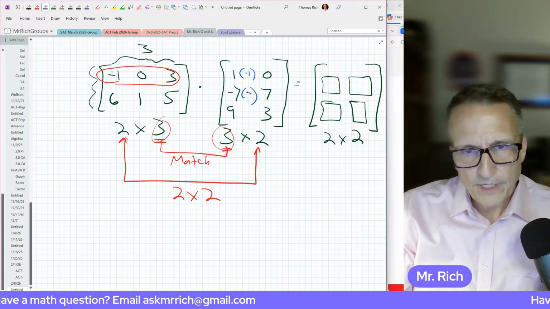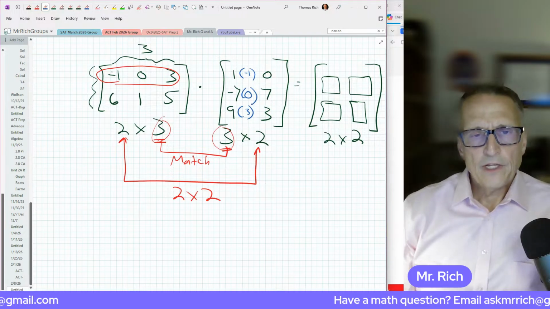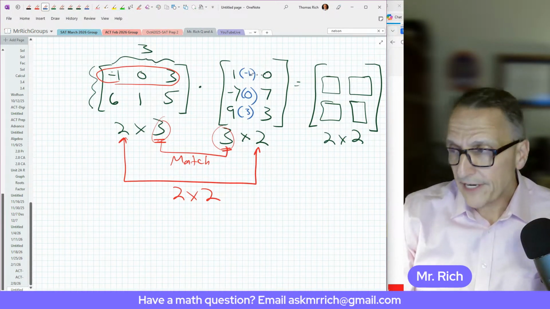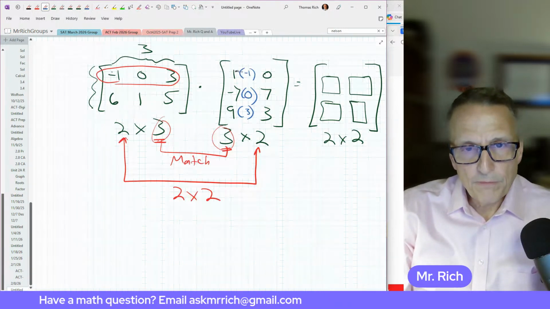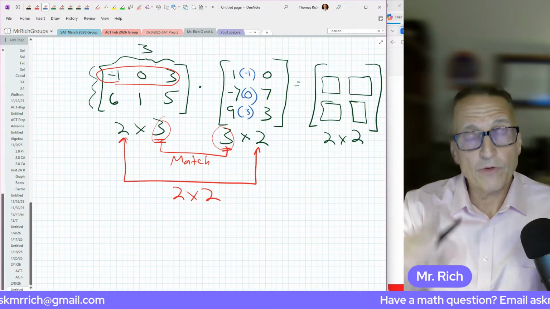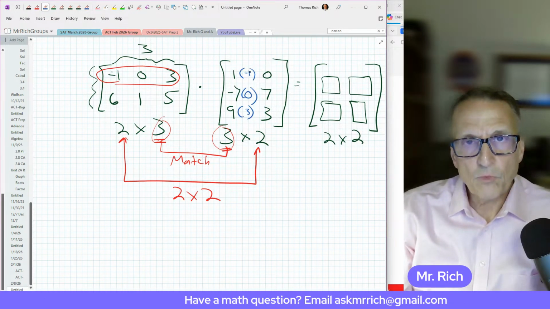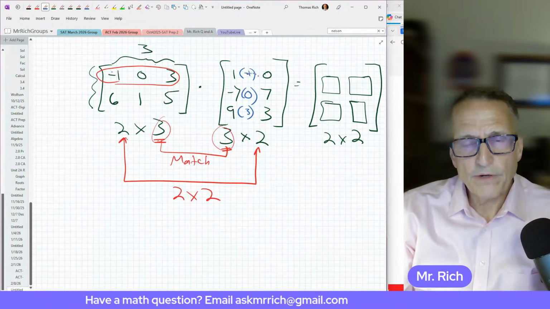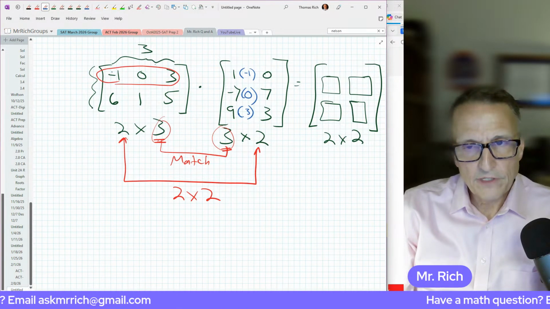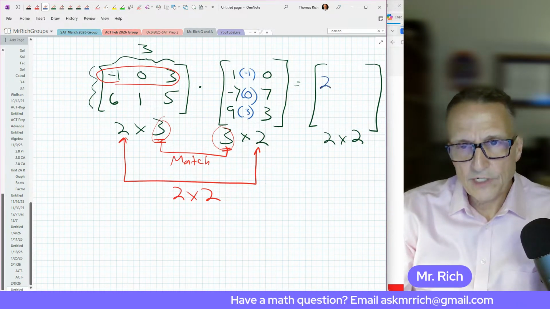So when I take this first row and match it against the first column of the second matrix, I do the product of each of these pairs, and then add them together to get a single number. So this would be -1 times 1, which is -1, plus 0, plus 27. So that's 26. The very first number that goes into my answer is the number 26.